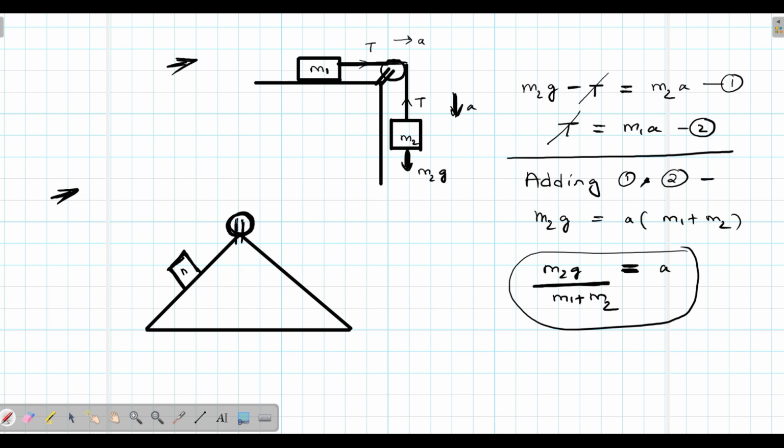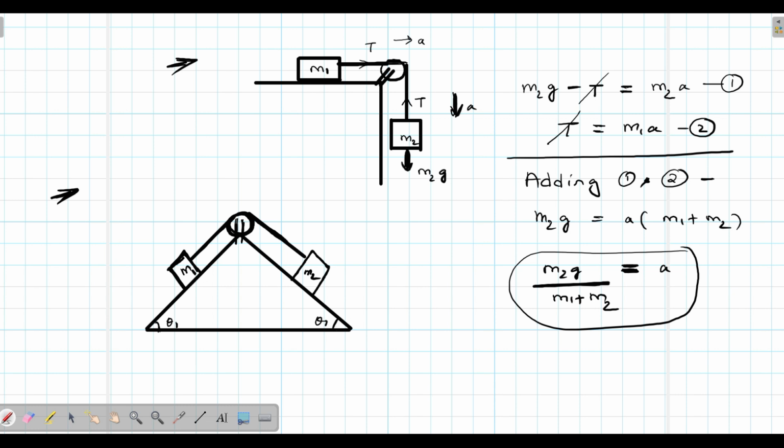So this is M1. This is M2. This angle is theta 1.